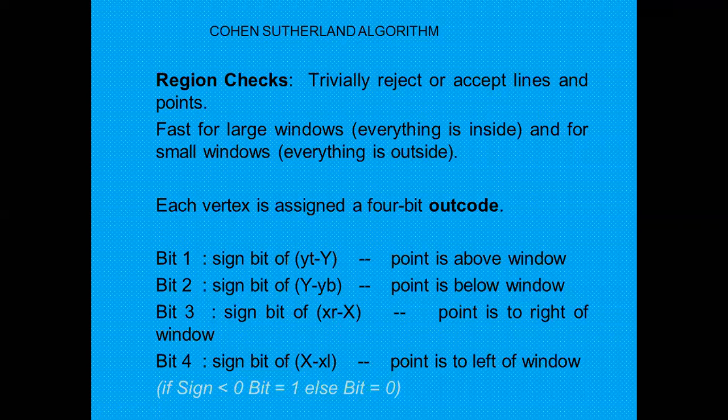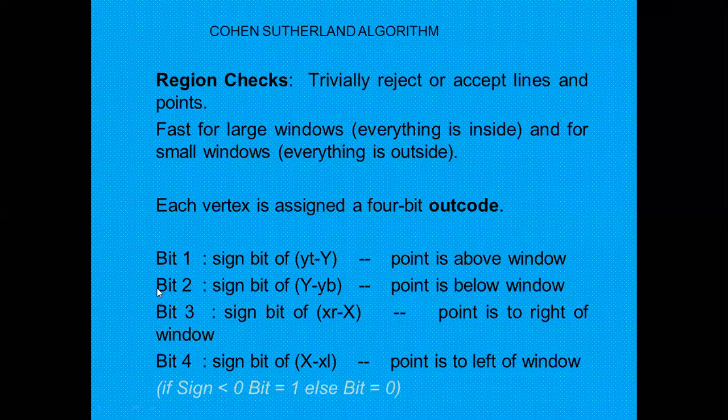Within the braces we can write 4 bits like 0, 0, 0, 0. So the length is 4 bits. We will assign the output to each vertex of the given window.